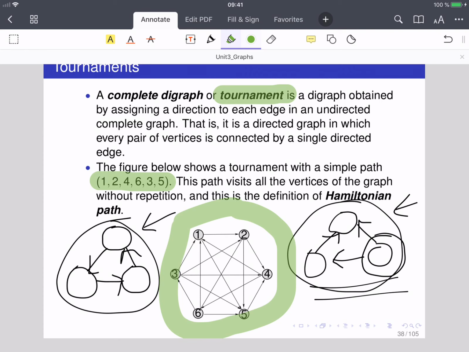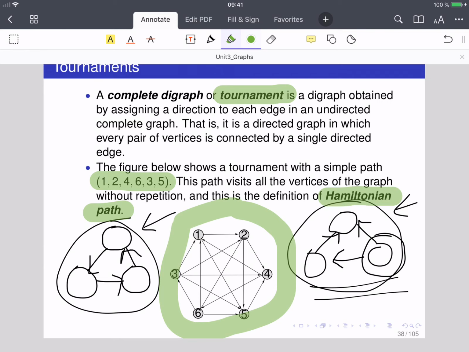vertices in the graph. Okay, this is what we call a Hamiltonian path, and we will show that tournaments always have a Hamiltonian path of this type.